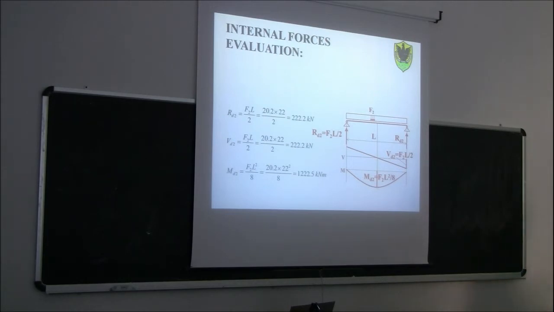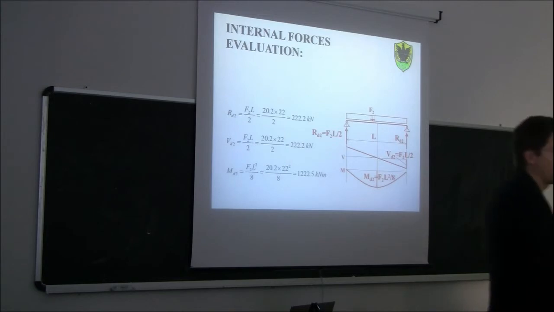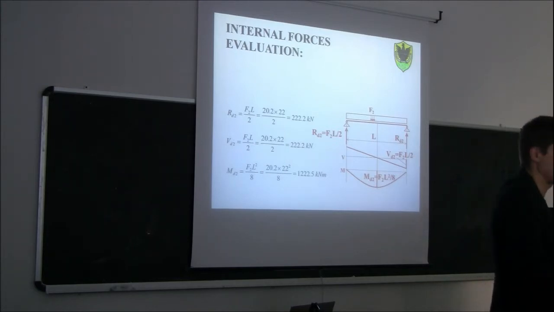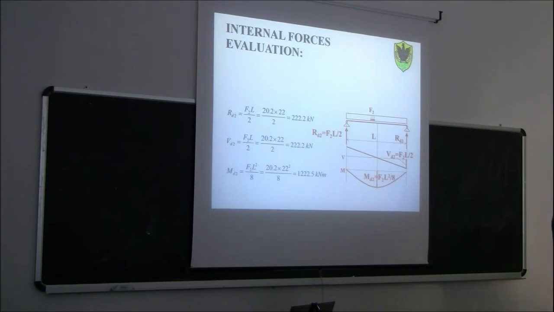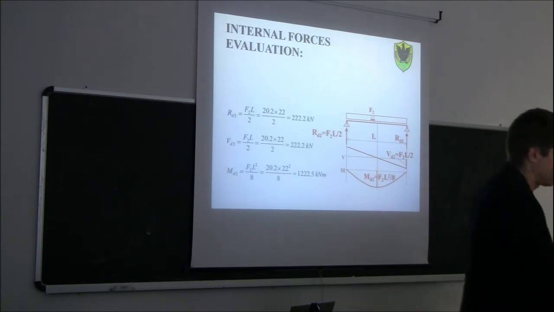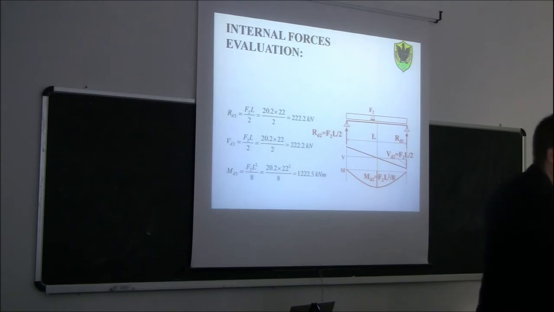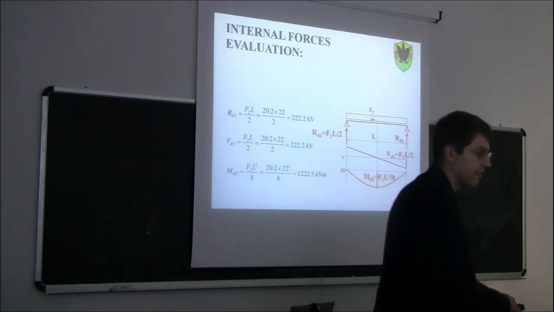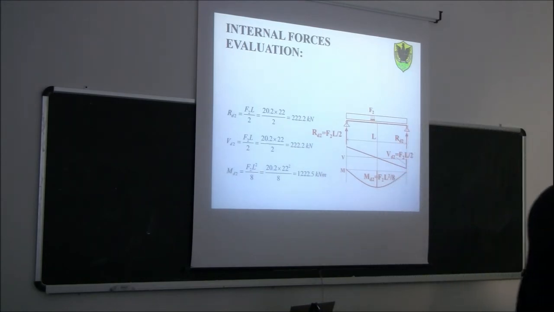And what would you do specifically? You have the moment demand, which is 1,222.5, and then what would you do? Calculate the area of the bars. Yes, you have to calculate basically the size of the reinforced concrete section, so breadth, depth, and the area of the tensile reinforcement.